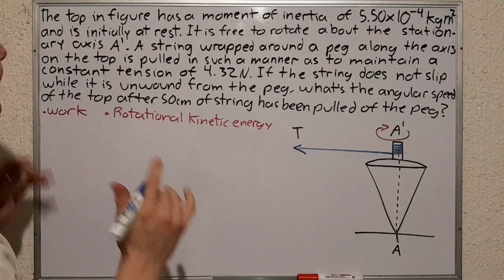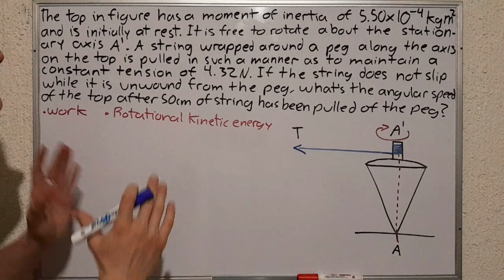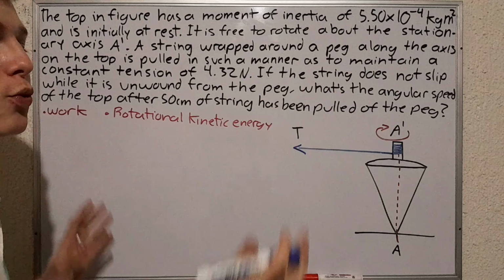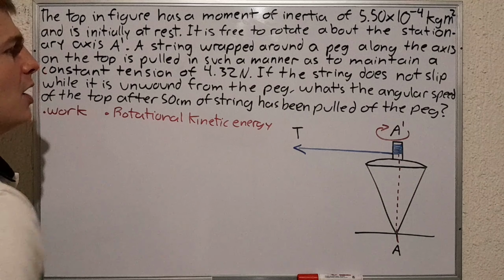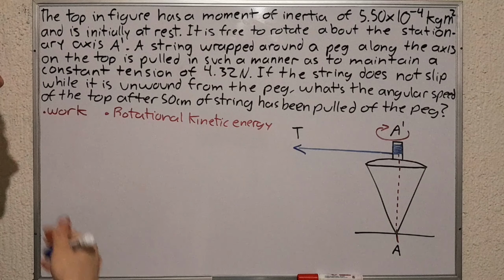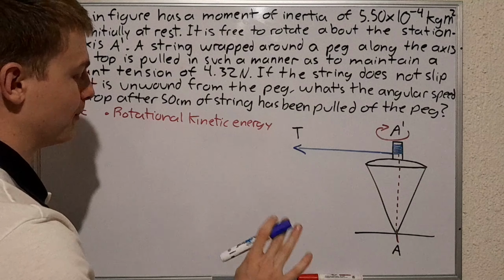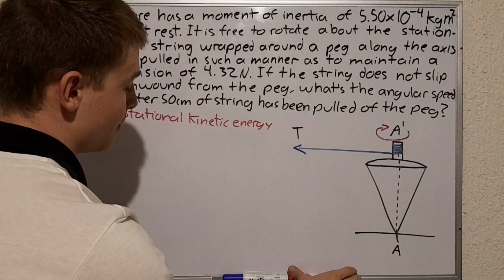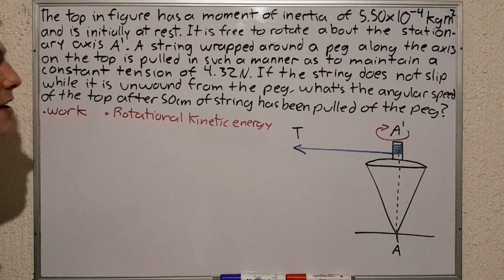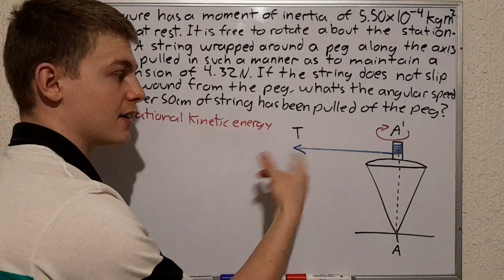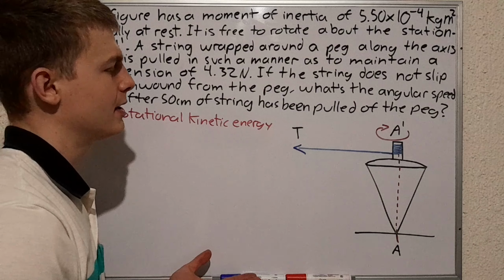Now, the statement, not the question, the statement is pretty big. Yes, I know it's huge, but the question is small. What's the angular speed of the top after 50 centimeters of string has been pulled off the peg? Easy. What the problem says is, you've got your top. If you pull the string, it's going to spin, it's going to rotate, right?